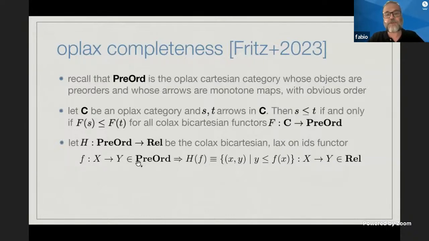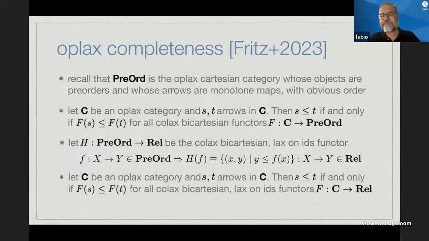It basically assumes that whenever I have a pairing, I take the downward closure of the image of X. Okay, and this one gives me a relation. And then we are almost there with rel, but not really. And so we are not very happy, even if we are still thinking how we could find some way to have a proper functor towards rel in order to guarantee completeness for our setting.